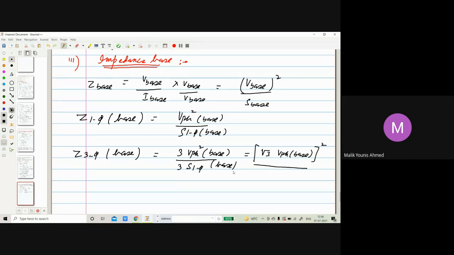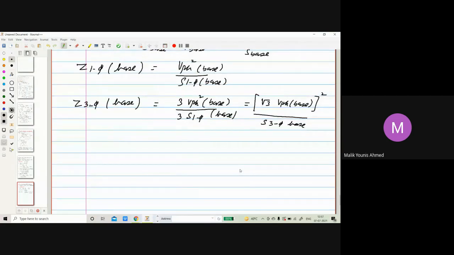Divided by 3 times the single phase base, which becomes the three phase base. So for the three phase impedance base, this will become V L base squared, since under root 3 V phase is V L, divided by S three phase base.